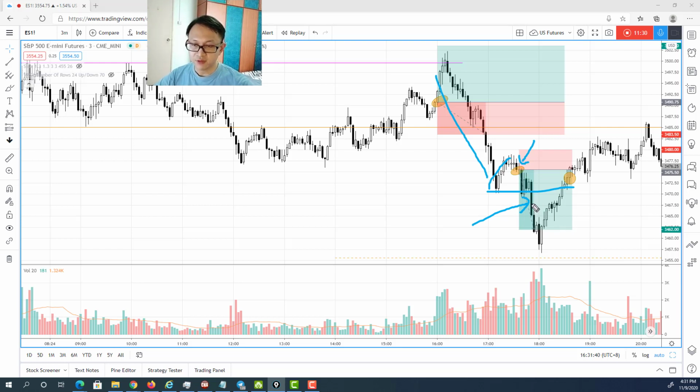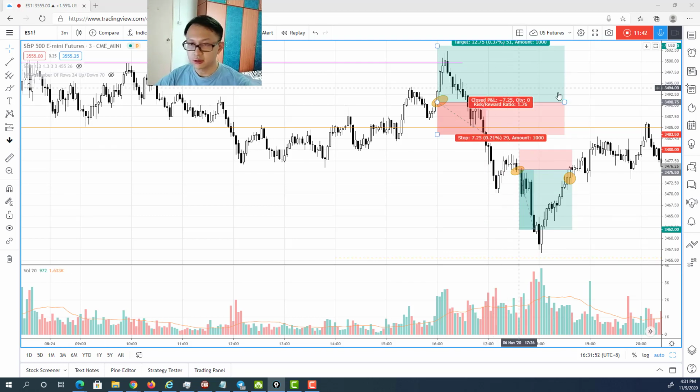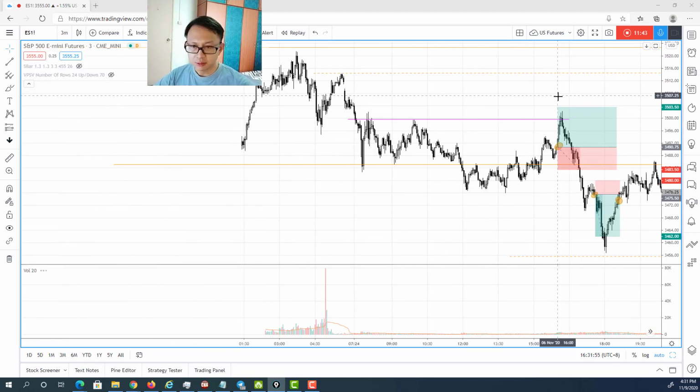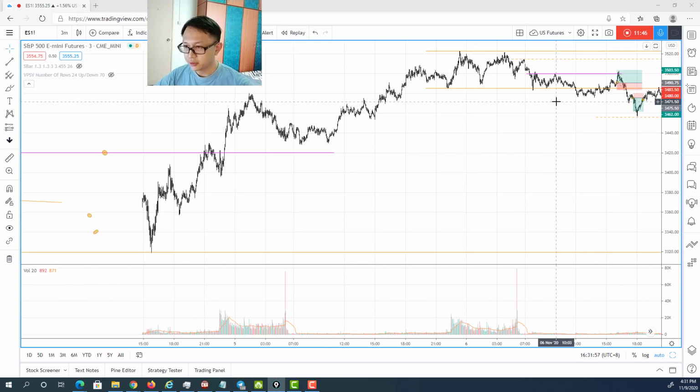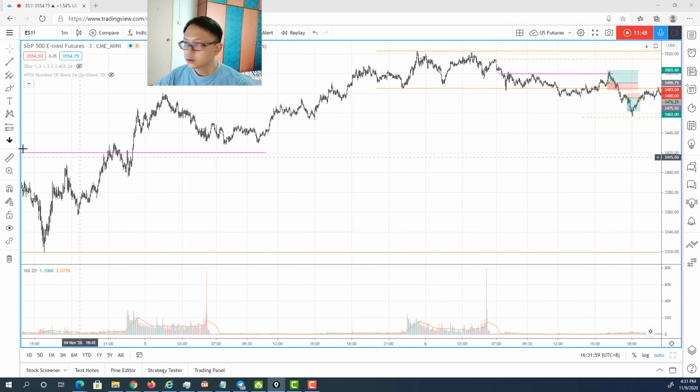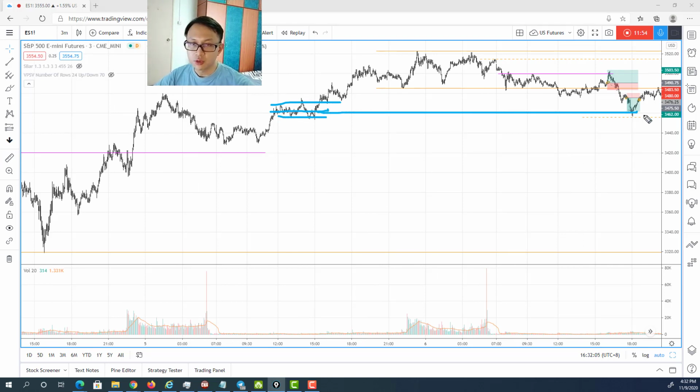And in fact, right after this breakdown, you can see that it just keeps going down and almost touches the previous, I think that's the non-RTH low. And if I zoom out a little bit here, I think that's the previous consolidation area as well. You can see that, so that consolidation area provides a bit of support to this.